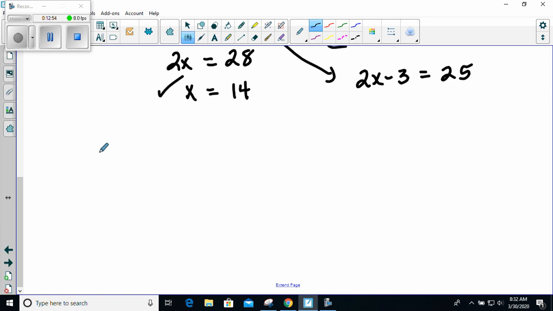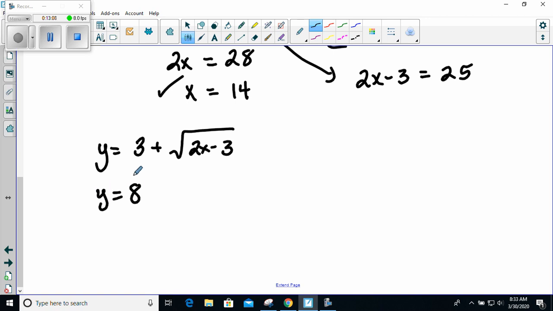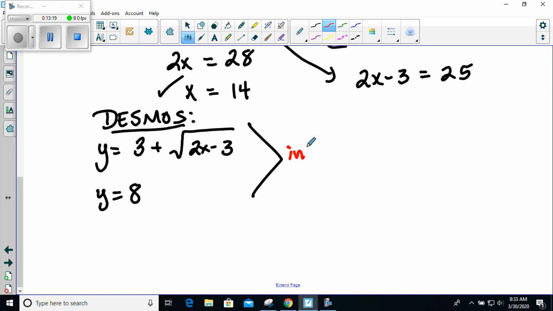So y is equal to that first part, 3 plus the square root of 2x minus 3. That's going to be my first equation. And then my second equation is y equals 8. Again, this is my Desmos procedure. I'm going to type those two in, and what I'm looking for is the intersection of those two.